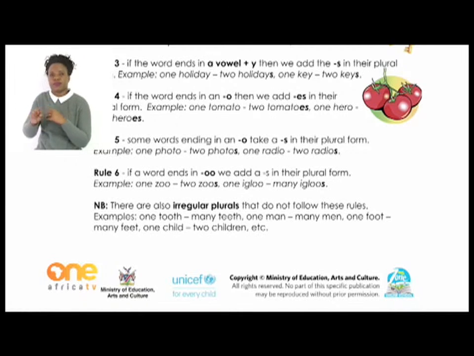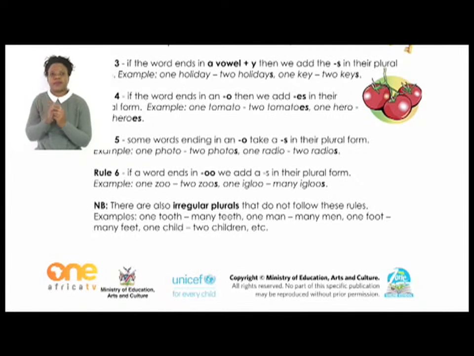Let's look at the examples. The noun holiday ends with A plus Y. So we just add an S. One key, two keys. We are just adding an S.